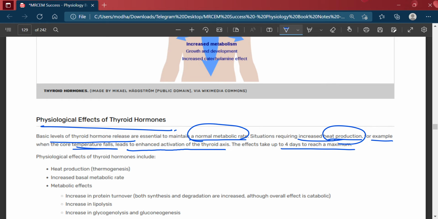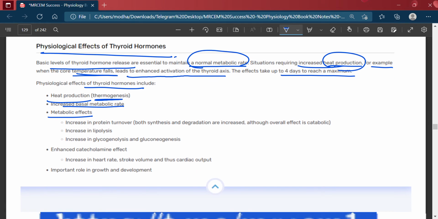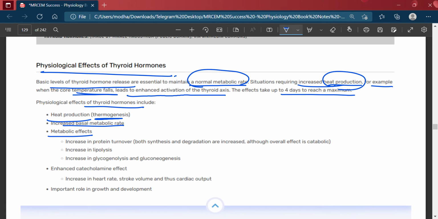The physiological effects of thyroid hormone include heat production, thermogenesis, then increased basal metabolic rate and metabolic effects. So there is an increase in protein turnover, where both synthesis and degradation are increased, while the overall effect is catabolic.